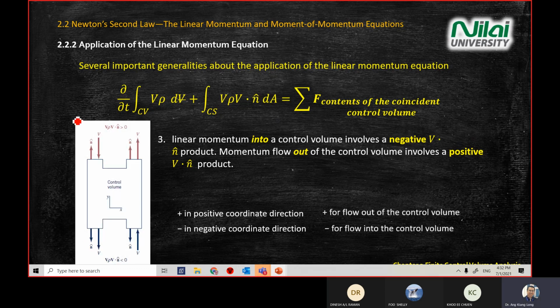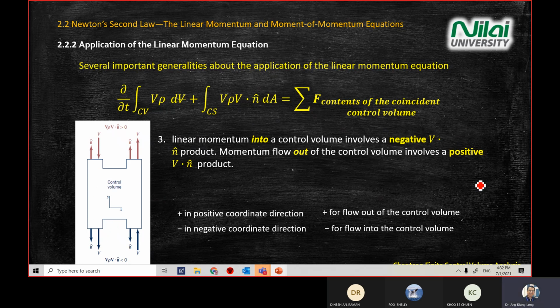If you look at the diagram on your screen, if you already downloaded the tutorial from the Moodle, this diagram can be found in question 21. Question 21 gives you this diagram that you see on your screen on the left-hand side. Let's say you have a solid line and the control volume is the same as the shape of this shape.